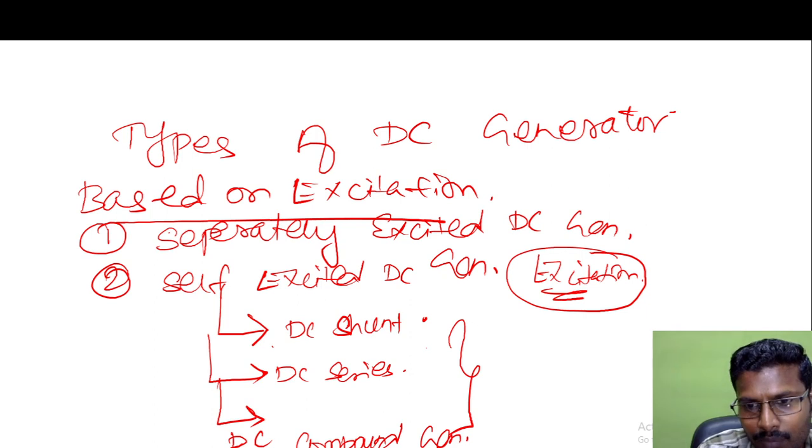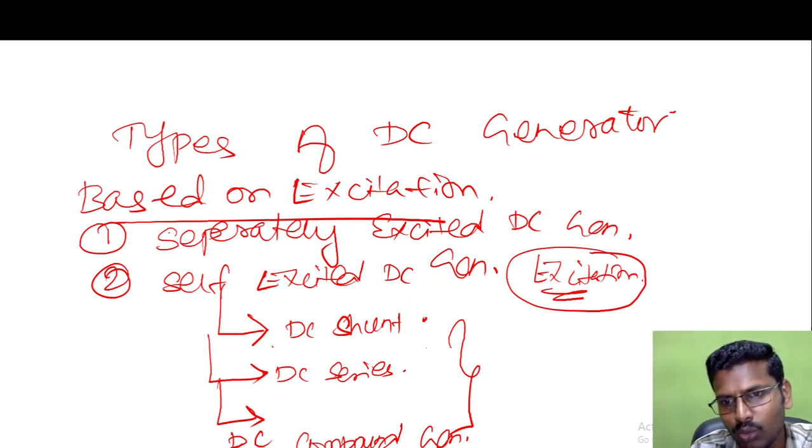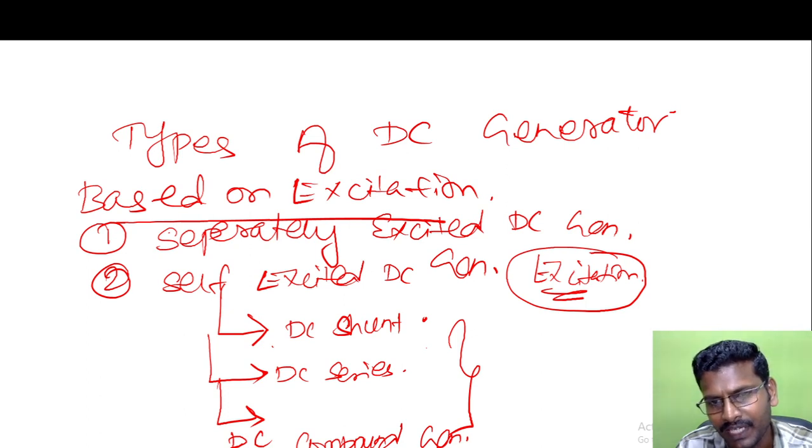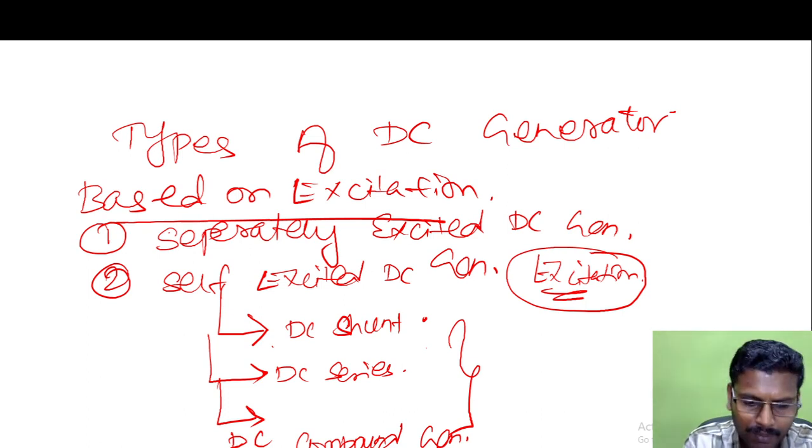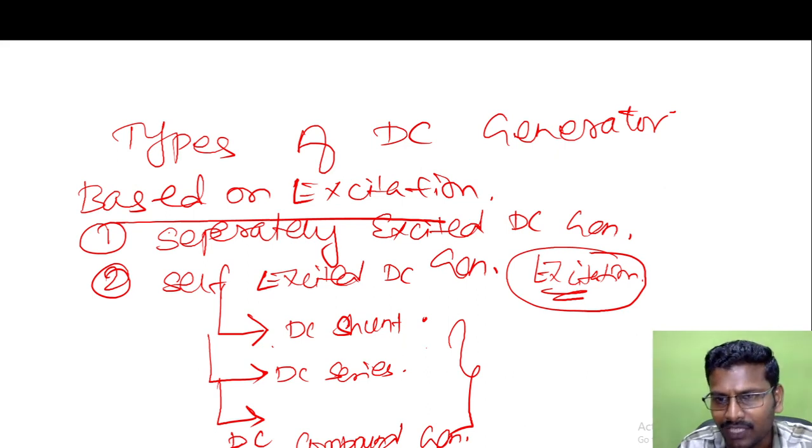For example, if you want to move some object from one place to another place, we need to apply some kind of external force. It may be pressure, heat, light, any kind of external energy applied to displace that object from one place to another place. It is known as excitation.